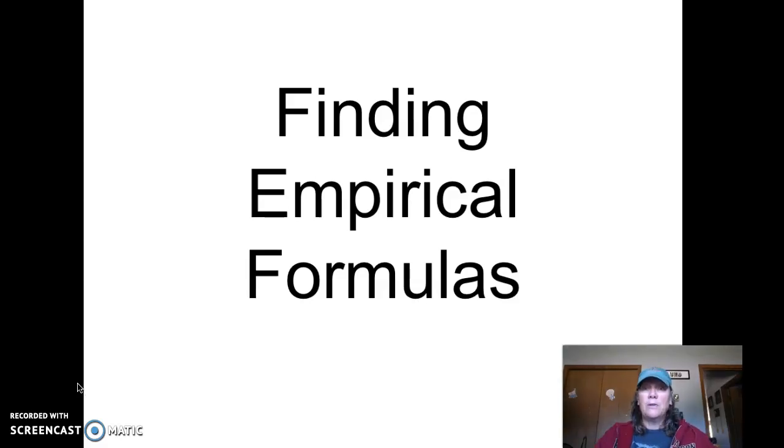Because the thing about narcotics, about drugs, they're all made out of the same elements. They're just in different percentages. So if you do aspirin as opposed to cocaine, same elements, but obviously if you have crushed up aspirin, you're not going to get in too much trouble as if you have crushed up cocaine. Things are going to be a little different. So that's what empirical formulas is: you get the percent and you have to figure out the formula.